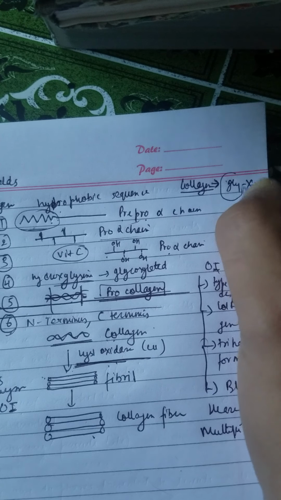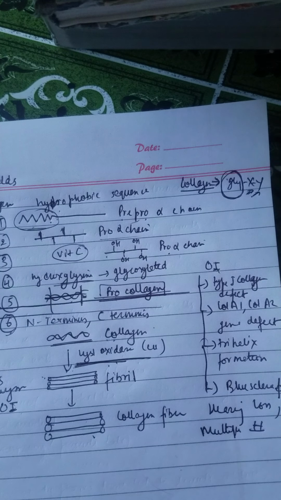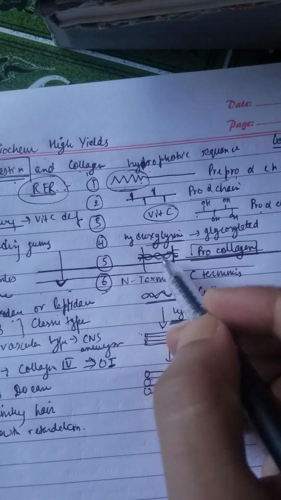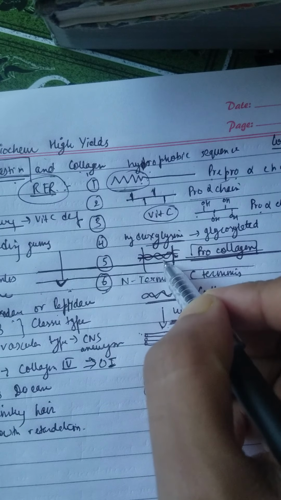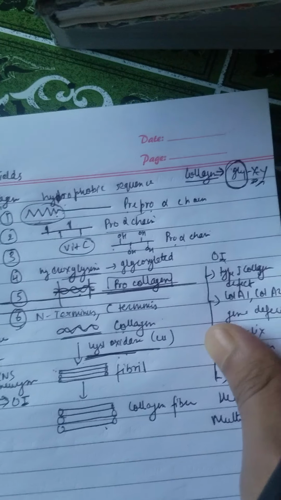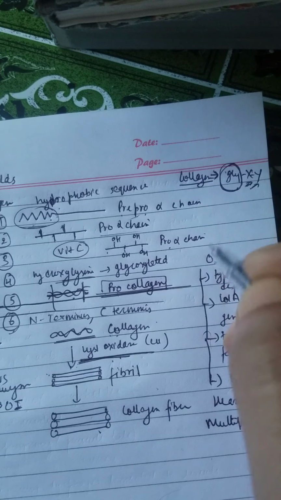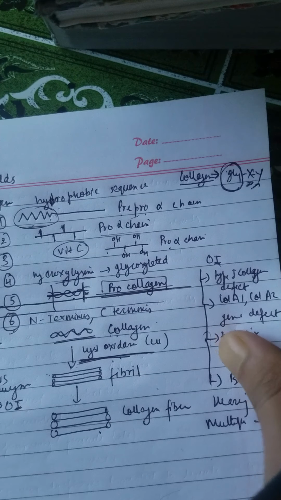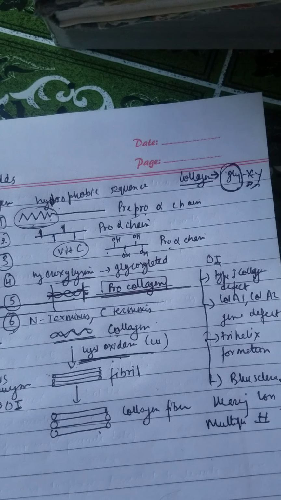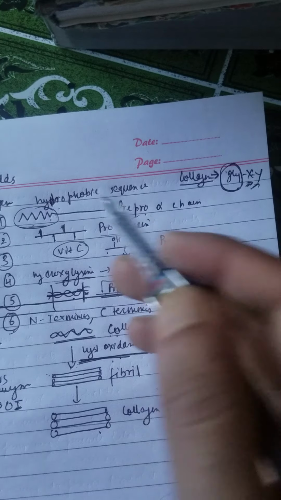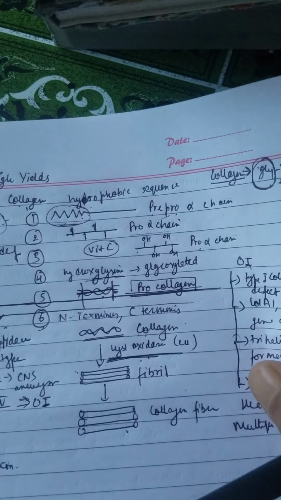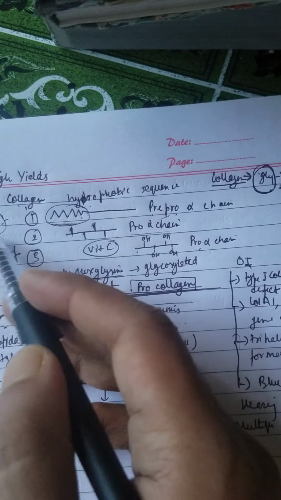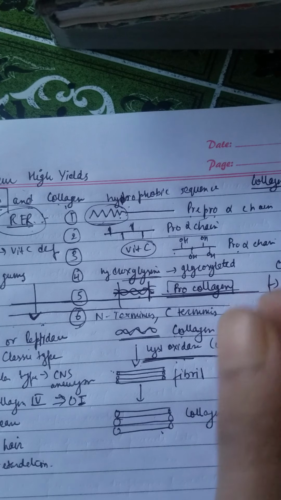Glycine is a very small amino acid with a very short side chain, and it helps in proper triple helix formation. All this process happens in the fibroblast, inside the RER of the fibroblast.